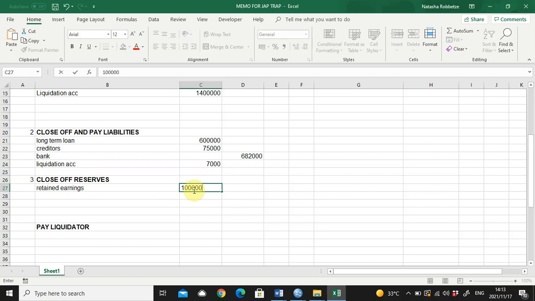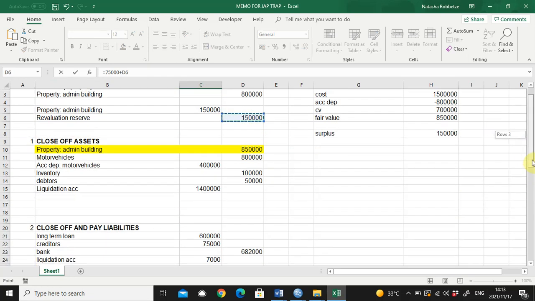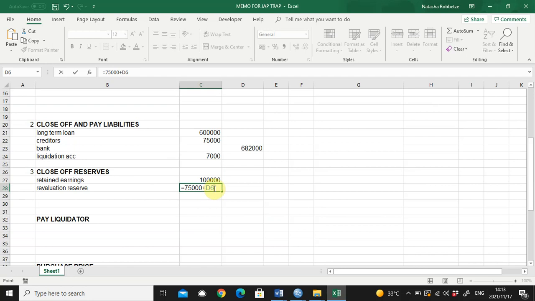That one is a bit tricky because we already had 75,000 Rand in that account, but we must not forget that we added to that account when we did the revaluation. So we need to add that 150,000 to that account when we close it. So closing off the revaluation reserve with a total of 225,000.